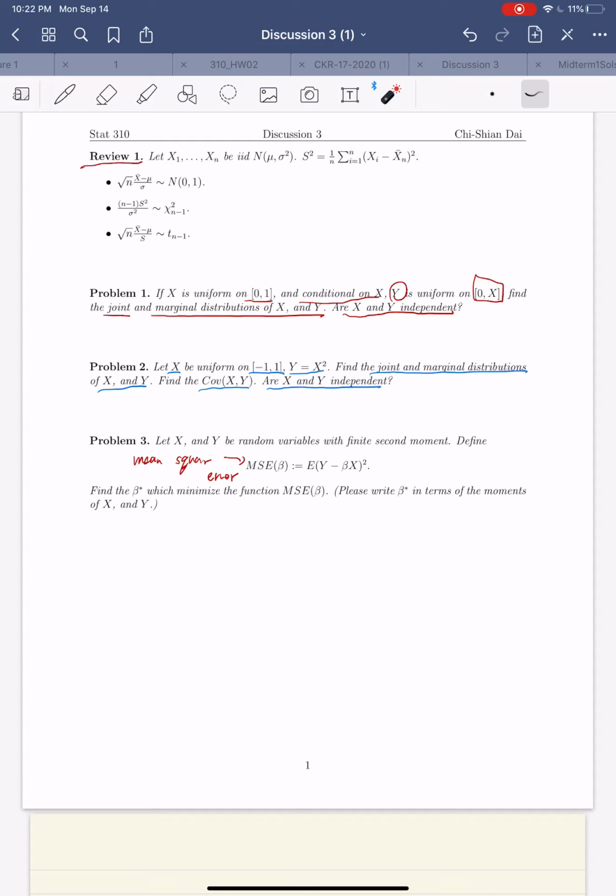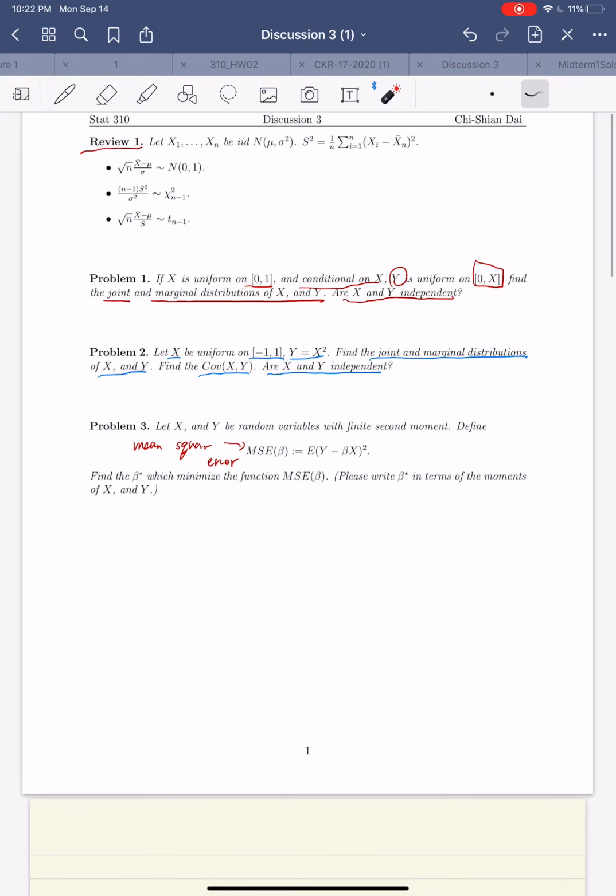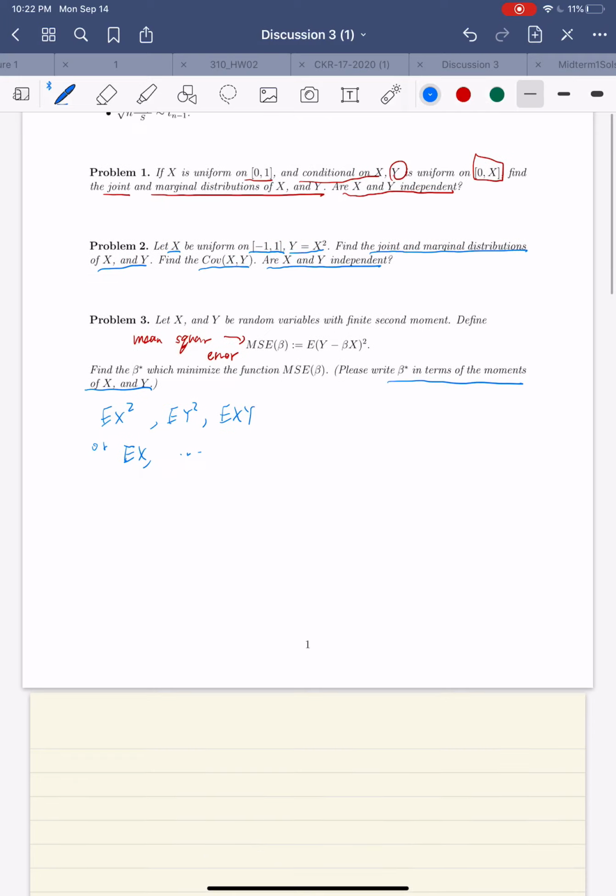And we want to find the beta star which minimizes the mean square error function of beta. Please write the beta star in terms of the moments of x and y. That means we want to write the beta star as a function of these.